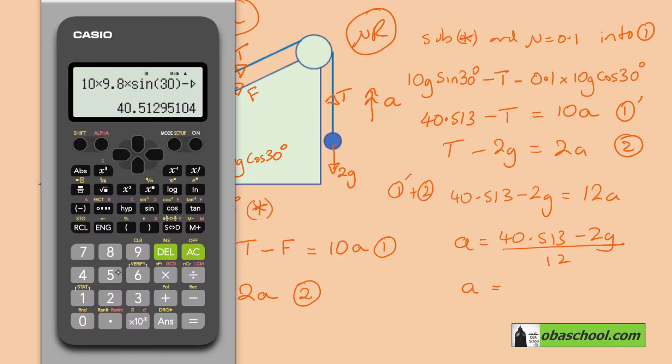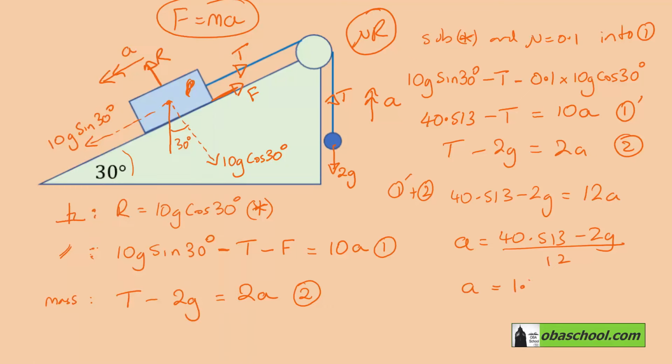So we have my last answer, take away 2 times 9.8, and we want to divide that by 12, and so that gives me 1.74 meters per second squared.